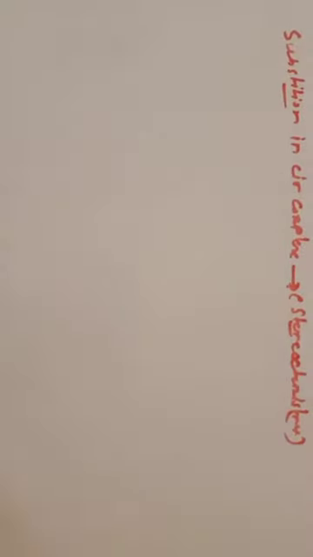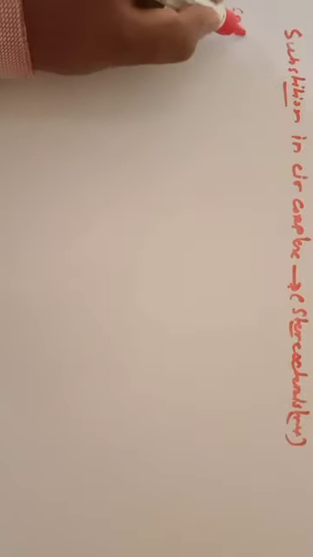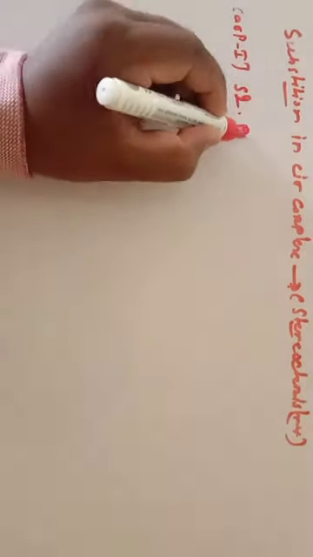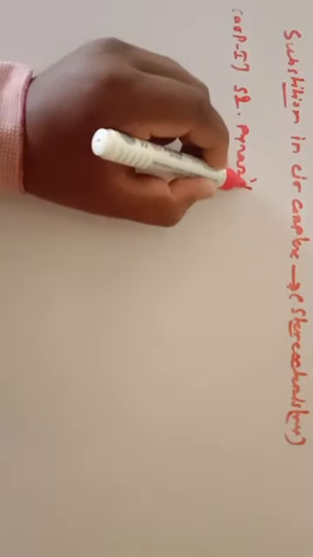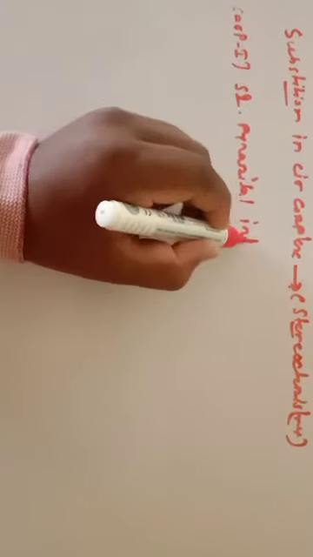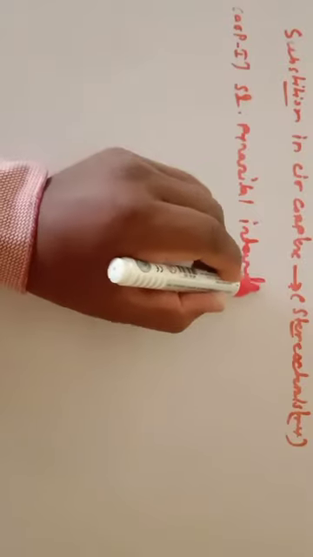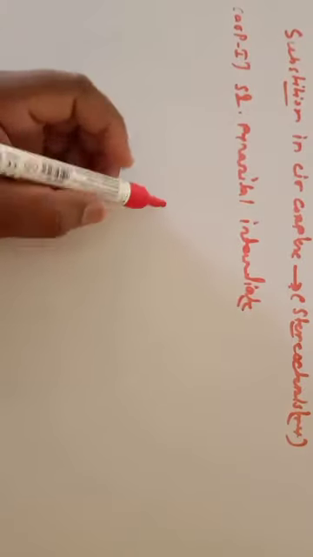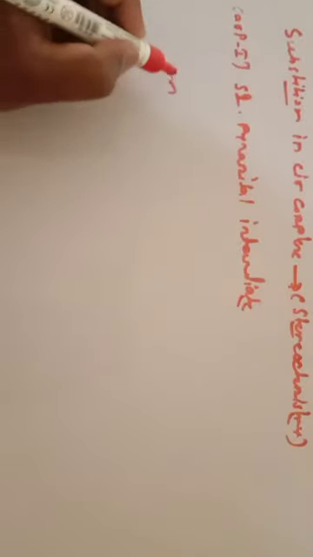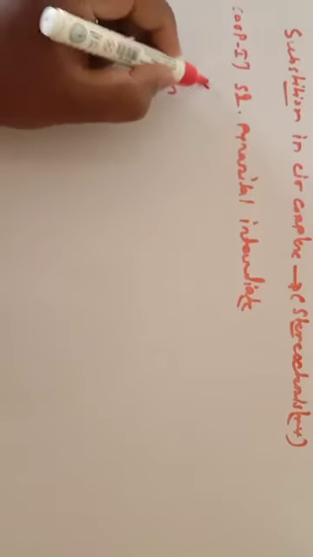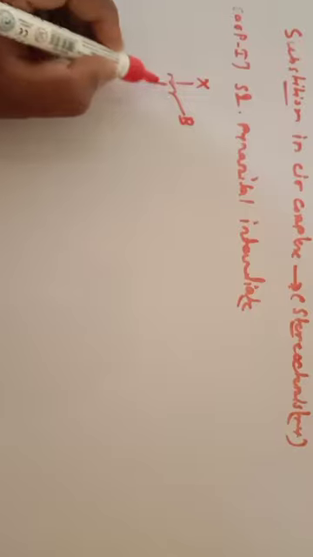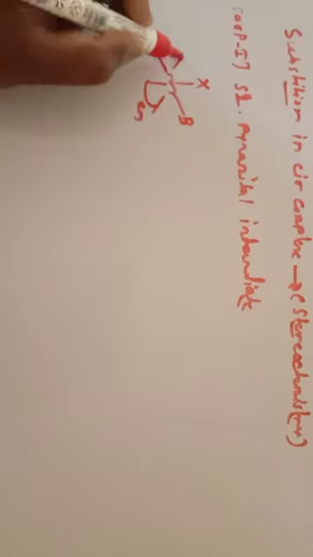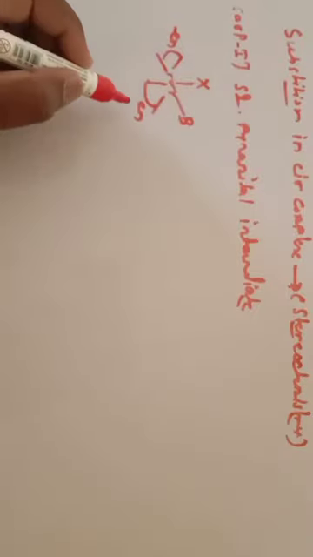The first case, that is case one, the square pyramidal intermediate. So this is your complex, the cis complex. This is your metal, this is your X ligand, this is your B ligand, and the remaining is your bidentate ligand. So this is your en, this is your en, ethylenediamine.